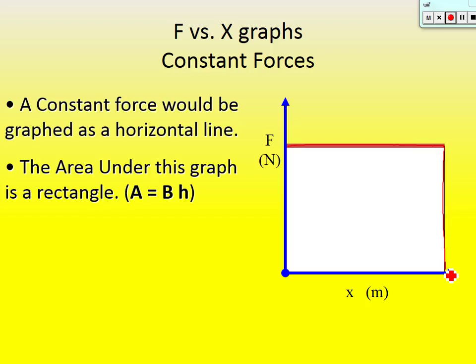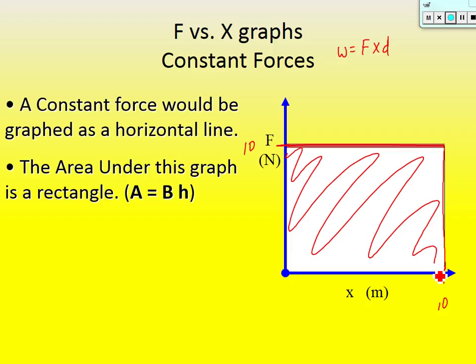So work is equal to a force times a distance. So all we're going to do is take the force here, whatever this value is, say it was 10, and say this distance down here was 10 meters. Could you calculate the work? Well, it's really the area underneath that line right there. And so we would calculate that area of this rectangle.